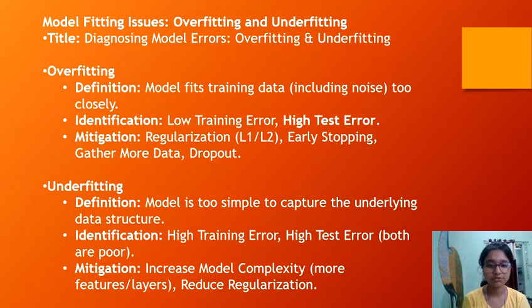Underfitting. Definition: model is too simple to capture the underlying data structure. Identification: high training error, high test error, both are poor. Mitigation: increase model complexity, more features or layers. Reduce regularization. Now move to the next question.